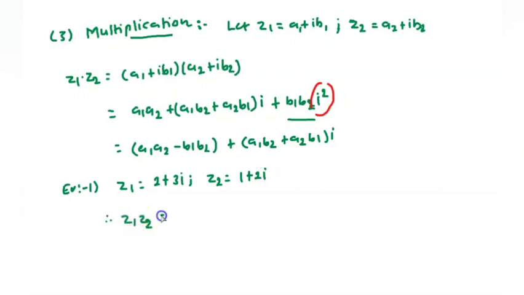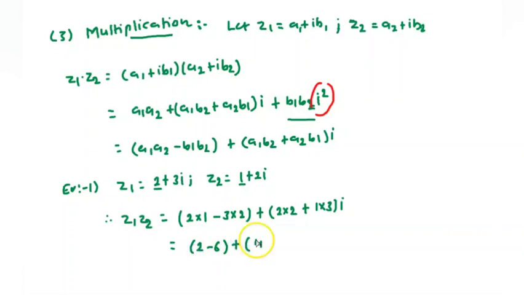So Z1 into Z2 is A1 A2, where A1 is 2 and A2 is 1, so 2 into 1 minus B1 B2, 3 into 2, plus A1 B2, so 2 into 2, plus A2 B1, 1 into 3, into i, which will be equal to 2 ones are 2 minus 3 twos are 6 plus 2 twos are 4 plus 3i, which is equal to minus 4 plus 7i.